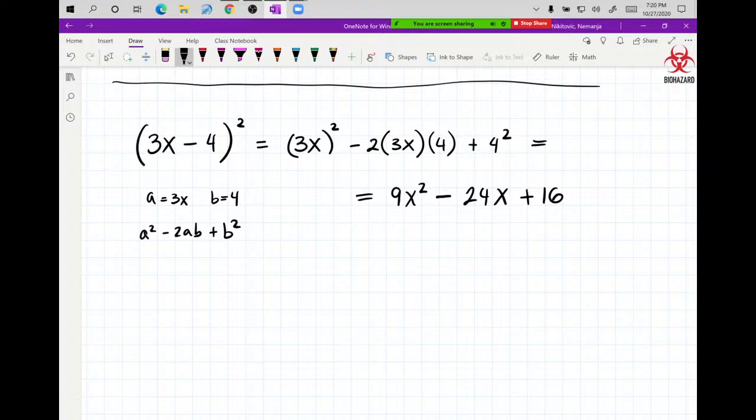That's the most simplified answer you can get: when you square the 3, you get 9x squared, then 2 times 3 times 4 is 24, and then 4 squared is 16. So there is nothing else we can do here. We can't combine like terms because none of them are like; they have different exponents. So that will be the end of it.